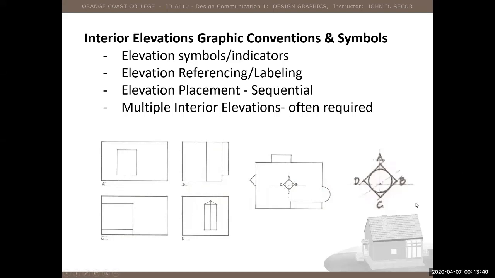But again, we want to make sure that the person looking at the information can follow what order, what arrangement, what configuration you're using for the layout of these drawings. So as a result, we'll want to make sure that we use the tool and understand how it works with the floor plan.